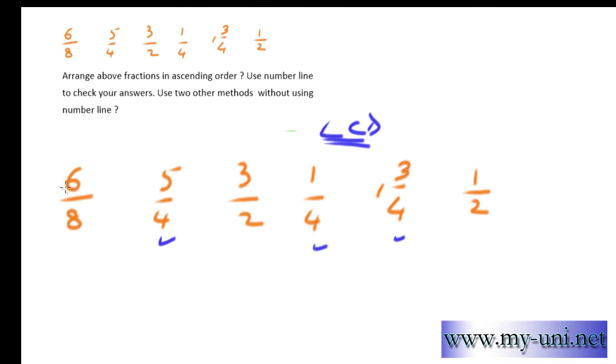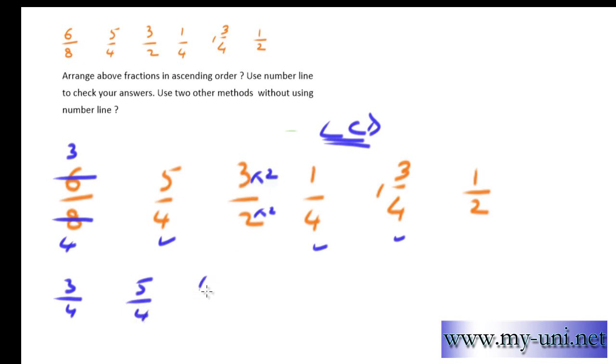Both 6 and 8 are multiples of 2. 2 times 3 is 6, and 2 times 4 is 8. This is already 4. To convert this denominator to 4, we can multiply this by 2 and this by 2. So this would be 3 over 4. This is 5 over 4.